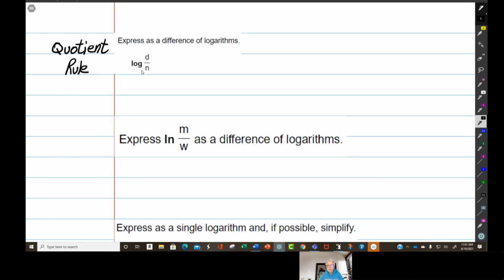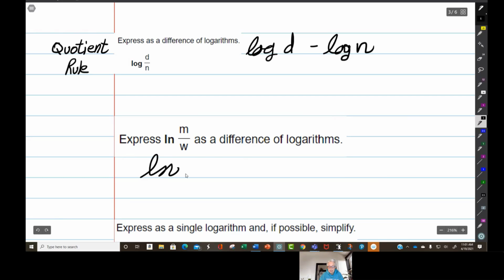Log what? Just log. Log base 10. Log d minus log n. That's it. And down here, ln is just a log, so ln of m minus ln of w.